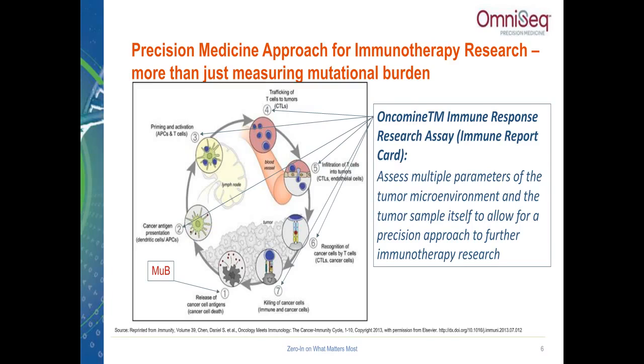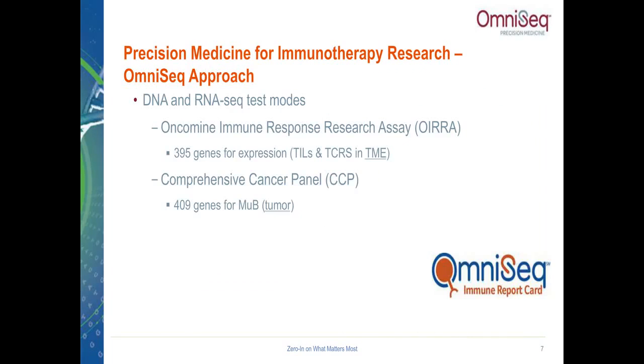The problem with the mutational burden as an approach for precision immunotherapy is that it's just one part of this entire immune cycle, and that's the way we've used this immune response research assay. We measure mutational burden with a separate assay, which I'll discuss in a moment. But then we use the immune response research assay to fill in all the other various parts of the immune cycle.